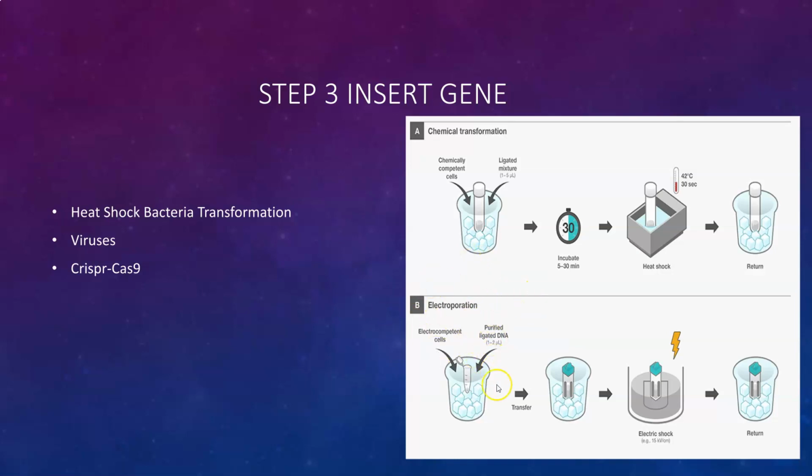They can shock the solution, and that opens up the pores so that the bacteria can uptake that DNA. And I believe they use this to change the bacteria so they can make insulin. That's one of the methods they used.